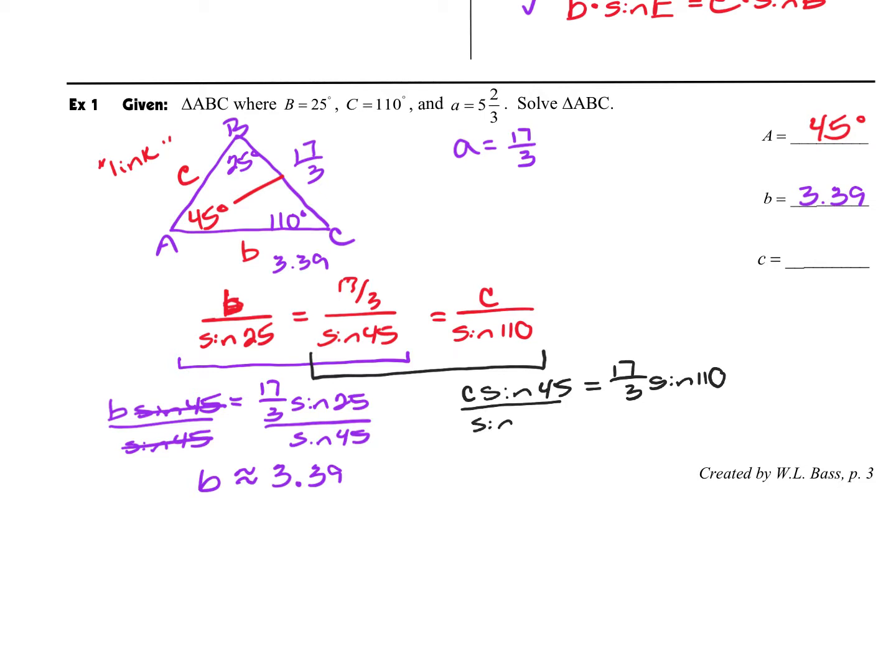Again, I'm going to divide by the sine of 45, and these are going to cancel. And if we type this right-hand side into our calculator, and if you struggle with the calculator part, we'll just talk in class, it's okay, then we're going to get a C value of 7.53. Again, rounding to hundredths.